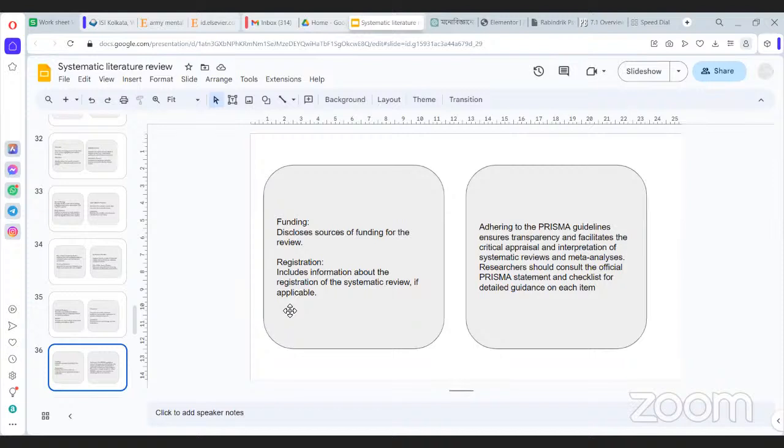This is a different type of analysis, but this is not the empirical studies.